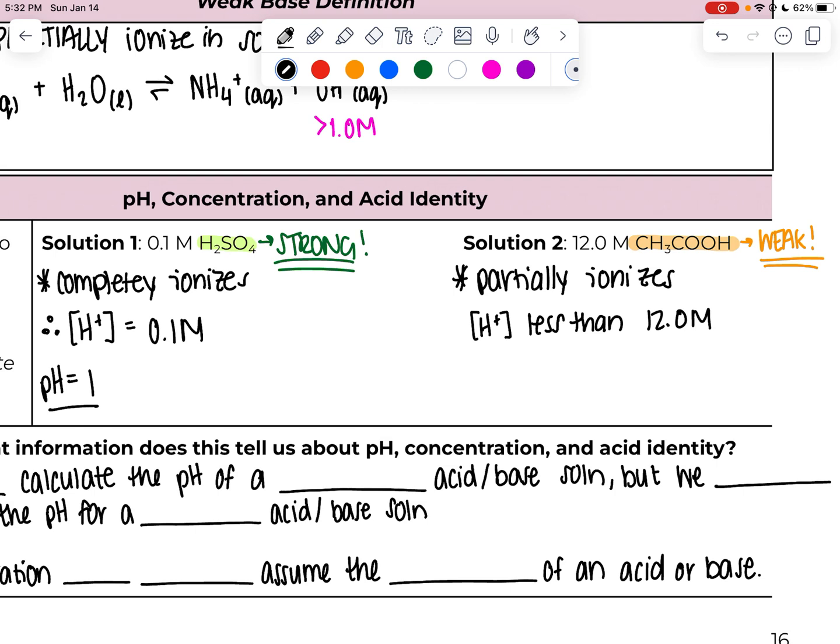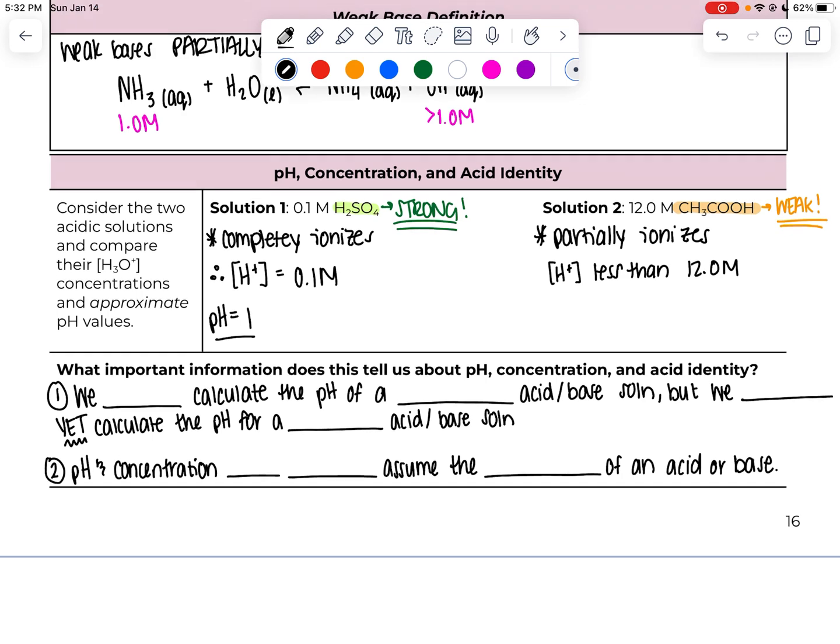But 12 is way, way bigger, way more concentrated than 0.1. So our pH, while we can't exactly calculate it because not all of it is going to dissociate, so we don't know the actual amount that's dissociated, we can assume that it's also going to have a pretty low pH because this is a really, really high concentration.